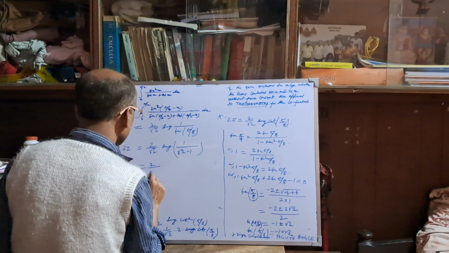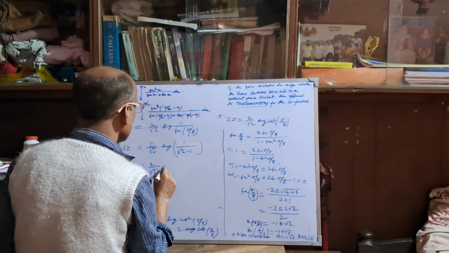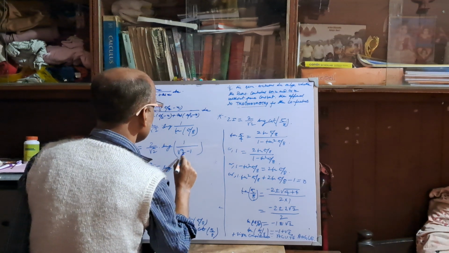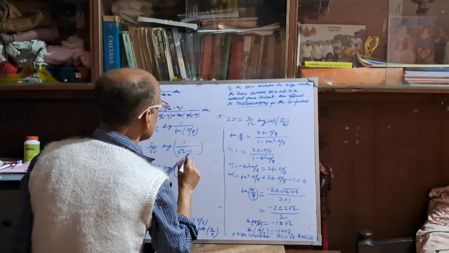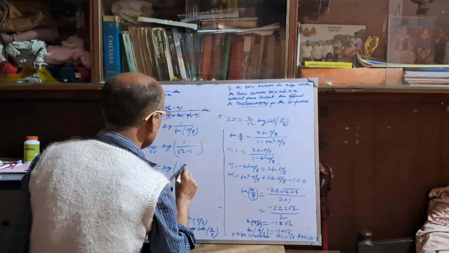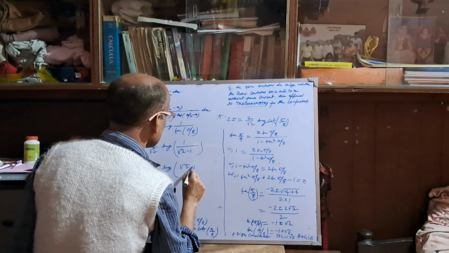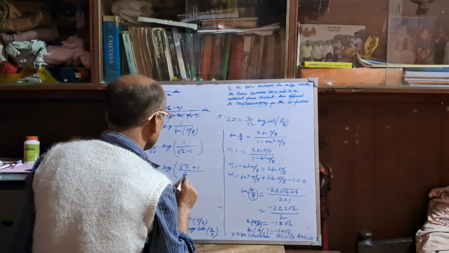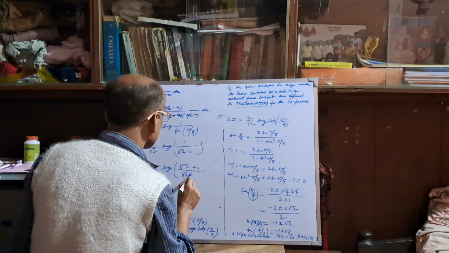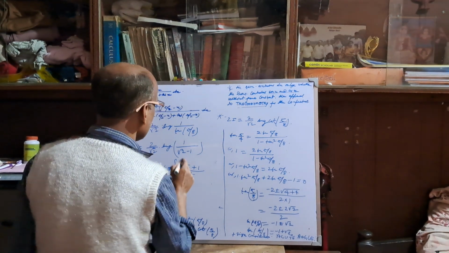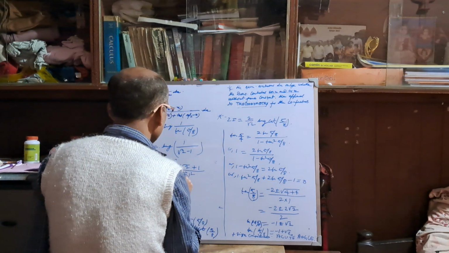2 divided by √2, and this will be rationalized. After rationalization, this will be (√2 − 1)(√2 + 1) divided by (√2 + 1), so this will be √2 + 1, and this will be √2 whole squared, minus 1. I am putting it in the second bracket because the first bracket is already given in the logarithm.